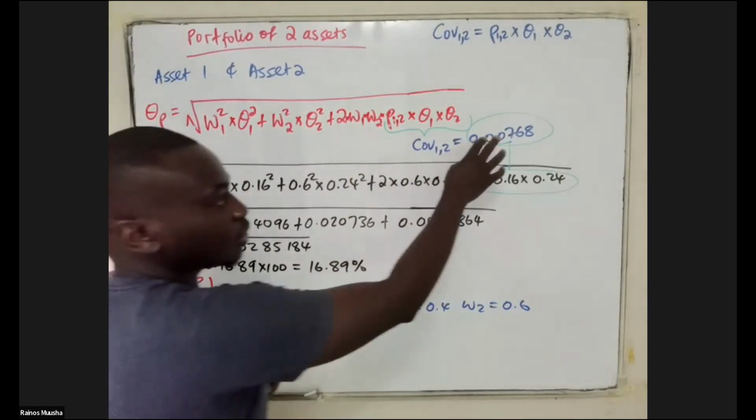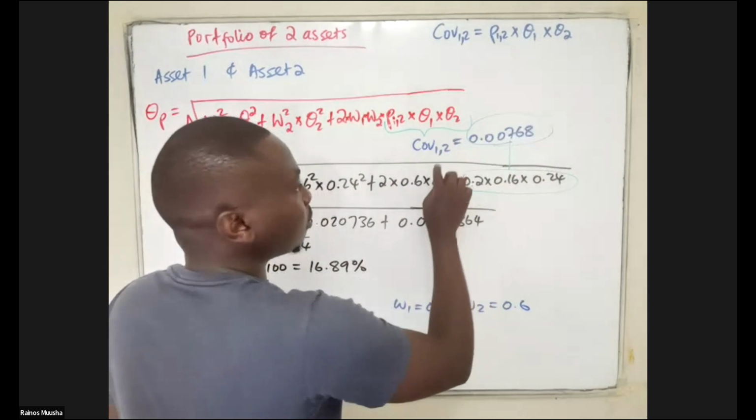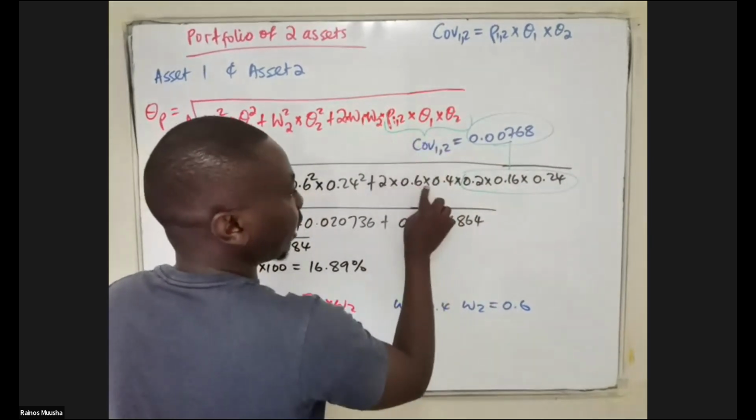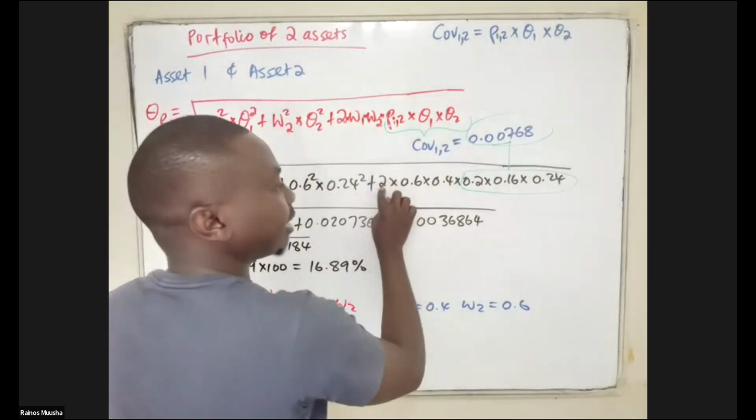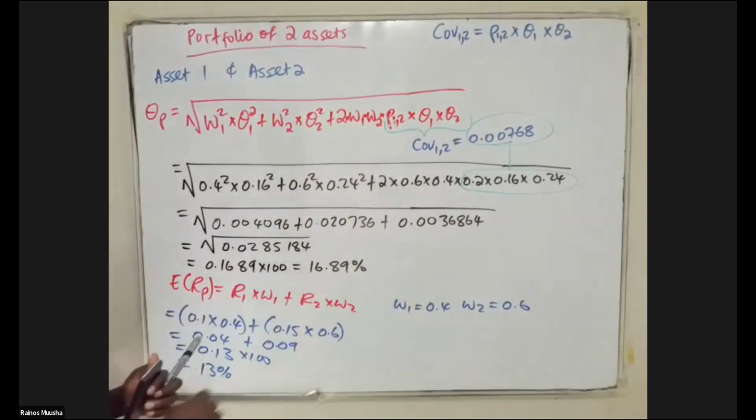Then you would multiply this 0.00768 by the weights of the two assets, and you would multiply by 2 on this side of the plus sign. Are we together there?